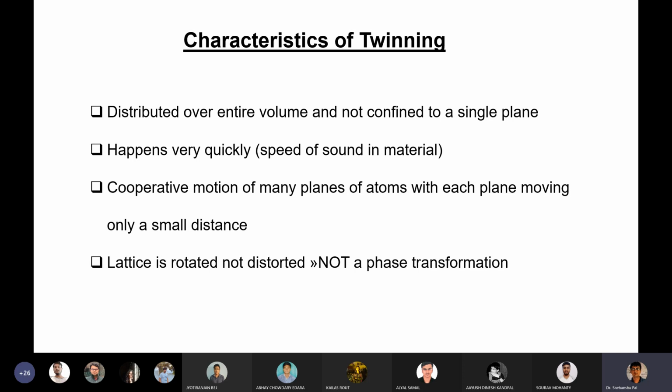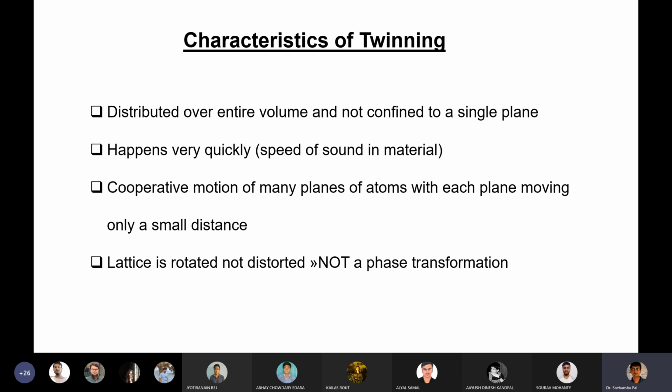So the lattice is rotated, not distorted. One should remember that very well. In the case of twinning, the lattice is rotated, not distorted. And there is no possibility of phase transformation. We know what a phase is: a physically distinct, chemically homogeneous, mechanically separable part of a system.